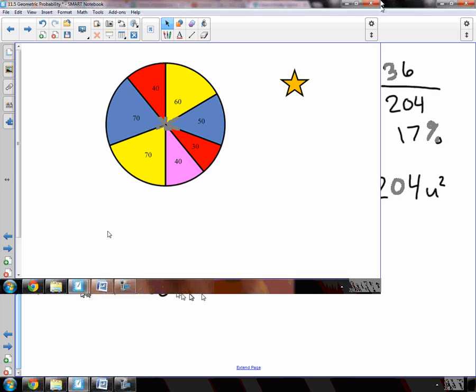So we saw there's a 50 and a 70. So that'll give us 120 in the numerator. And what are we going to divide by? 360. So what is our probability of landing on a blue? Good. That isn't too bad. That's a pretty good percent. So there's going to be a couple like that.